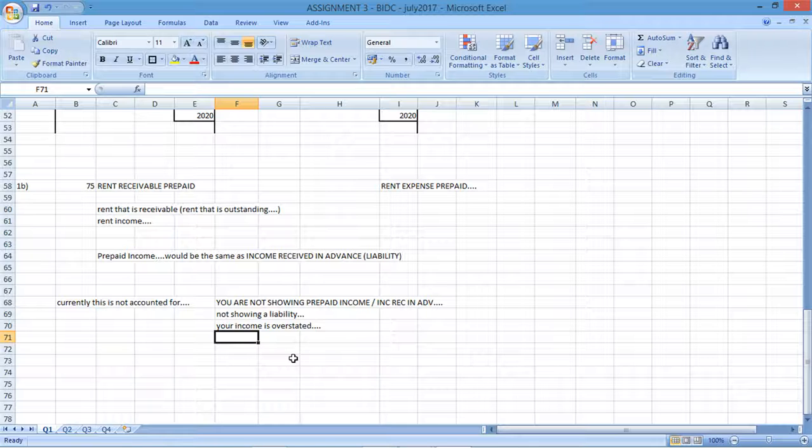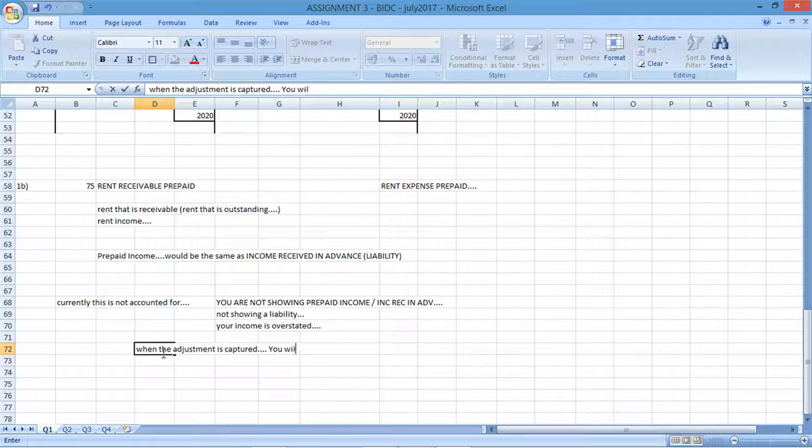Remember, how do you create income received in advance or prepaid income? You would have to reduce the income. So you would debit the income and credit the liability, which is the income received in advance, the prepaid income. So if I'm not showing the liability and my income is overstated, when the adjustment is captured, you will reduce income, which affects profit.